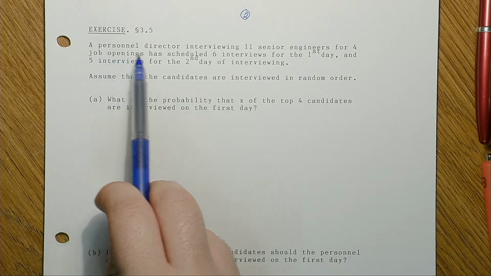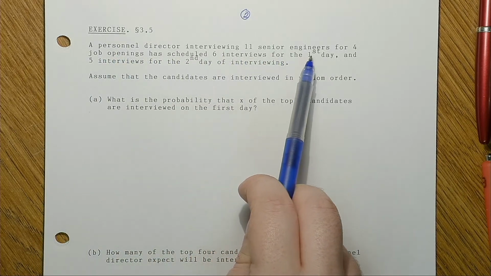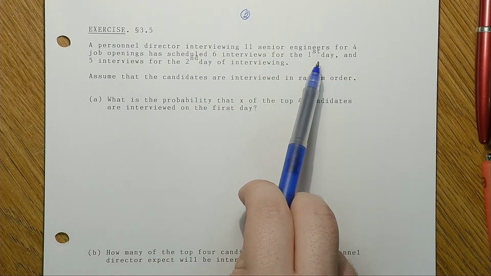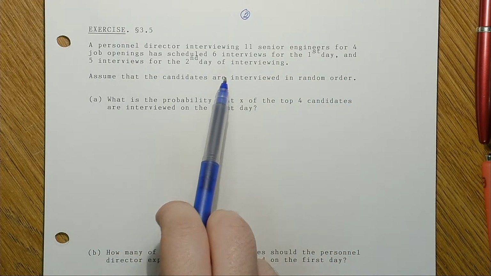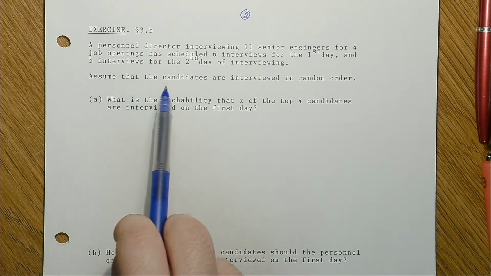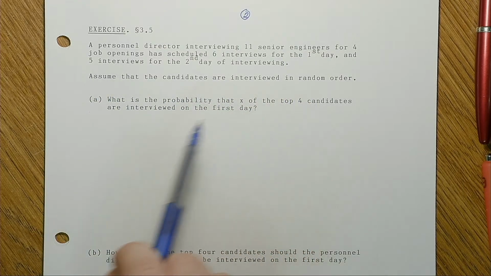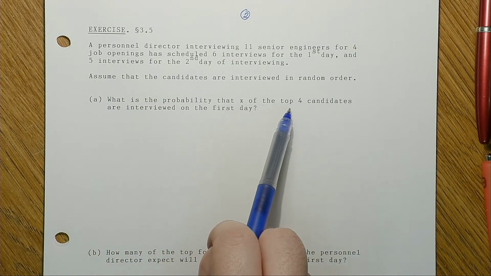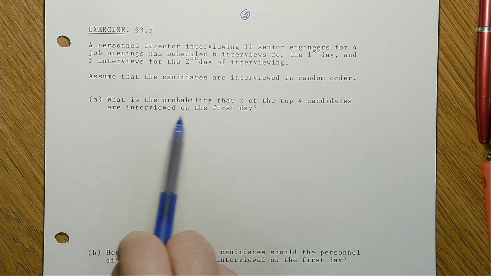This one says, a personnel director interviewing 11 senior engineers for 4 job openings has scheduled 6 interviews for the first day and 5 interviews for the second day. Assume that the candidates are interviewed in random order. What is the probability that X of the top 4 candidates are interviewed on the first day?